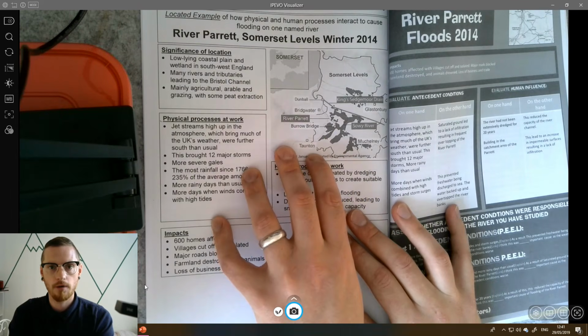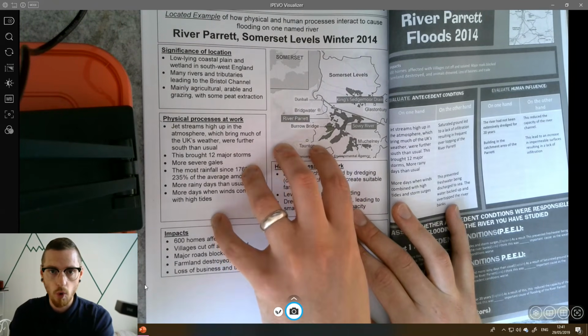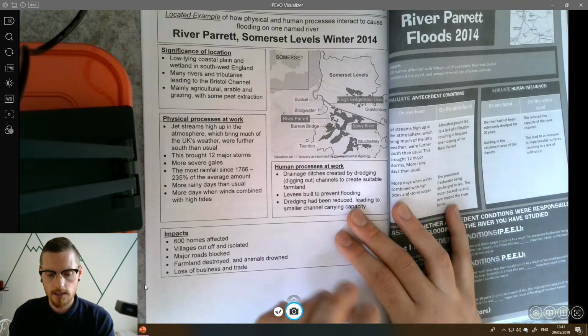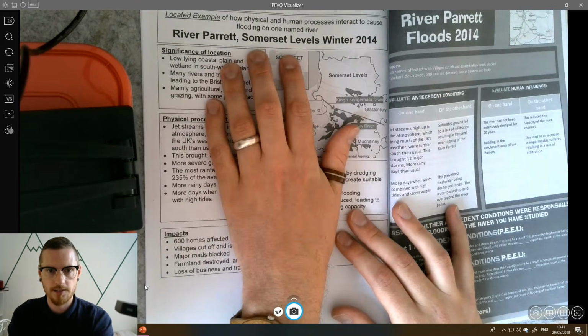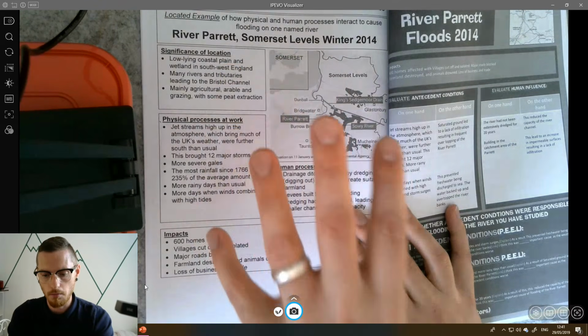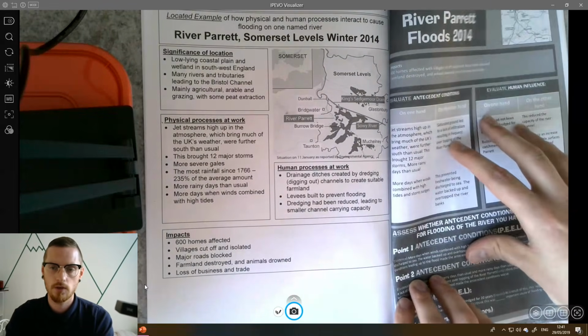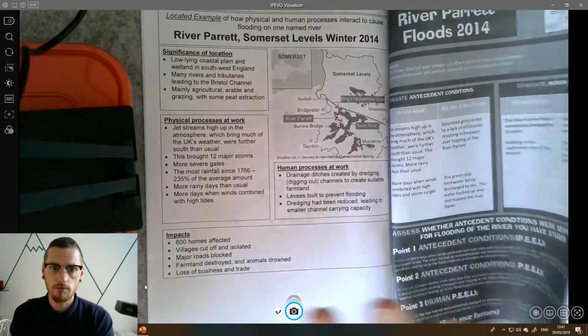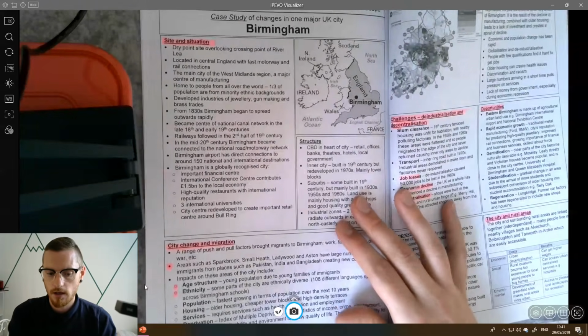You also need to know an example of a river flooding and what caused it to flood, physical and human factors. For my geographers, that's the River Parrett in the Somerset Levels winter flooding of 2014. Must know that. And again, we've given you some potential exam questions and structures to answer it, revise it.